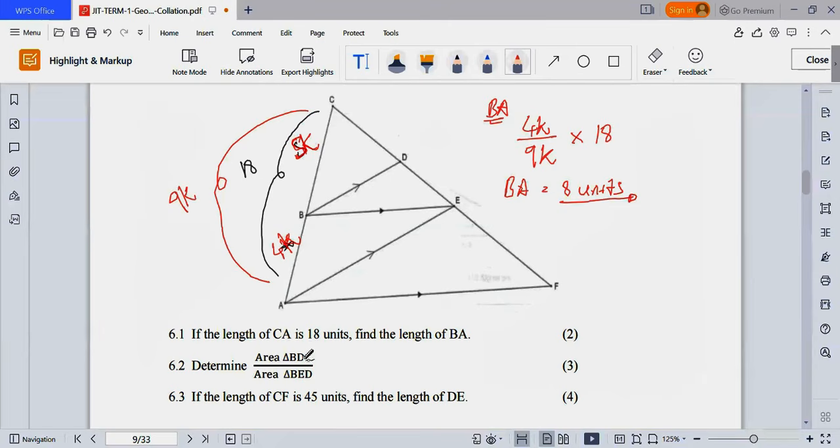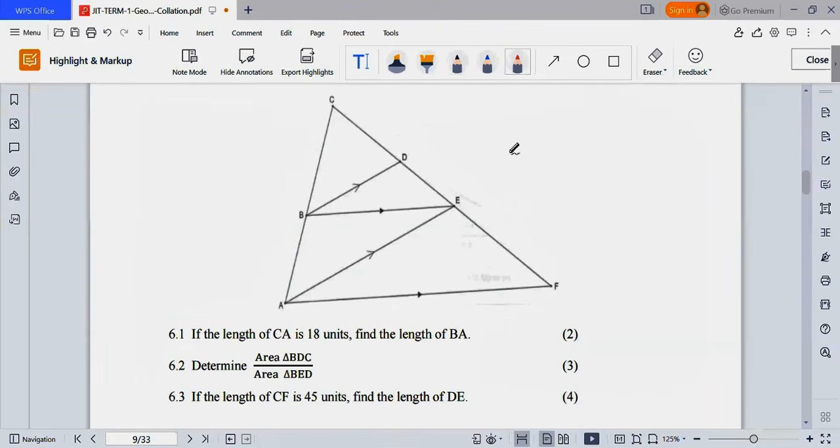Then determine the area of triangle BDC over the area of triangle BED. Now with this one, I want you to see something. So let's mark the triangles that we are given here, BDC. So this is BDC. Now from the proof, you will remember that if we have something like this here, a line being drawn from here up until this point here, we call it a perpendicular height.